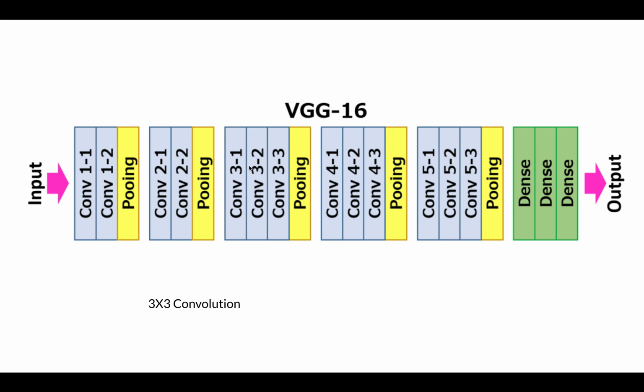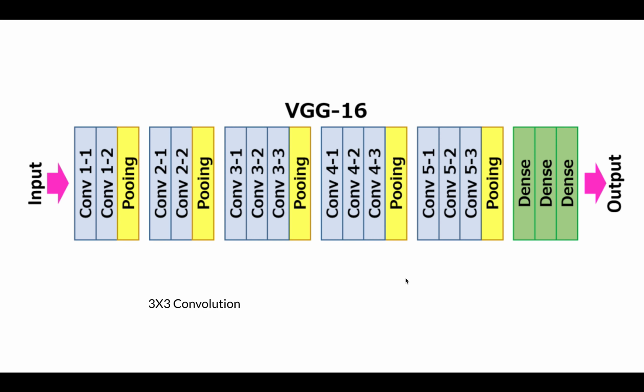Then the third block, first, second and third convolution, then pooling. So on for the fourth block, with its convolutions and then pooling. Using these VGG blocks, you can go deeper and get better results.